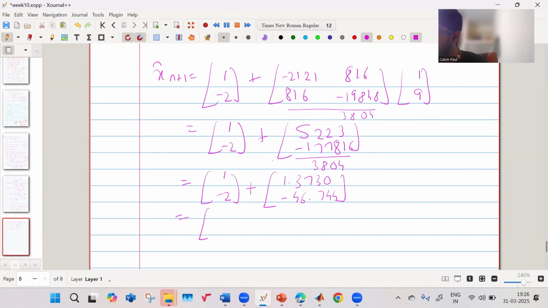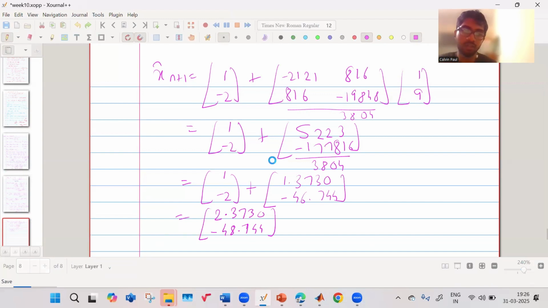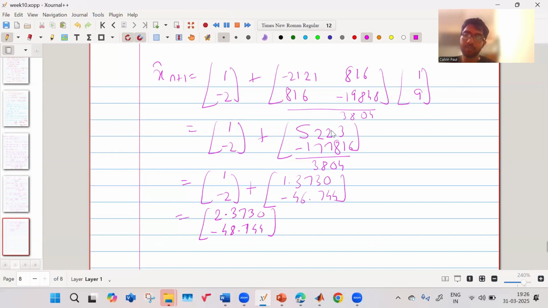So that becomes equal to 2.3730 and minus 48.744. Okay. So this is the next updated state. And this takes in all the information and gives us the next state which we will use in the next iteration of my discrete-time Kalman filter algorithm.